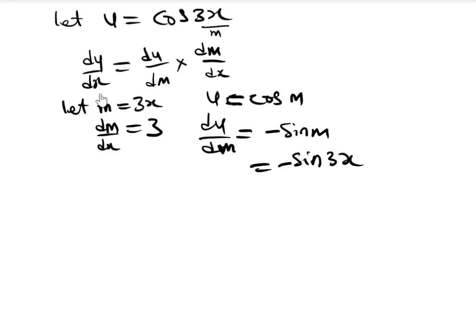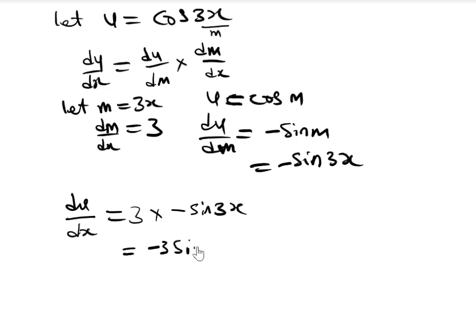This implies that du/dx is equal to du/dm, which is minus sine 3x, multiplied by dm/dx, which is 3, and this would be equal to minus 3 sine 3x.